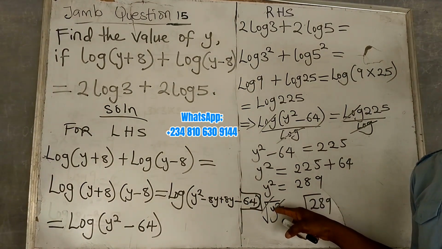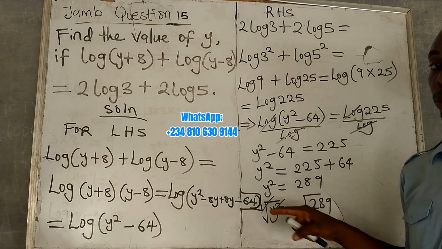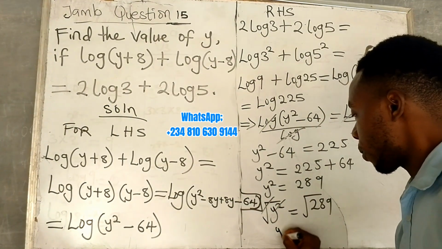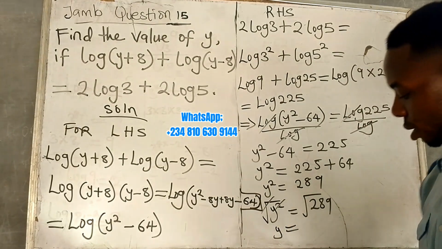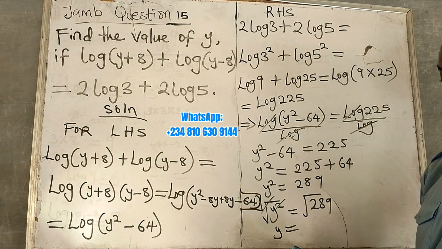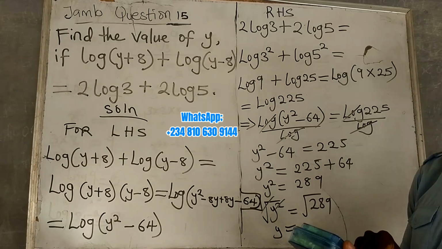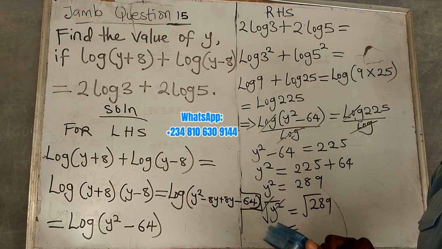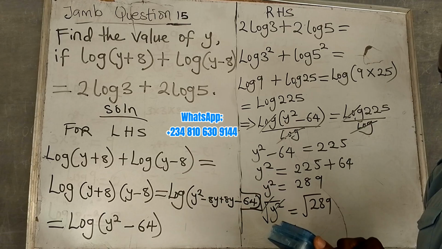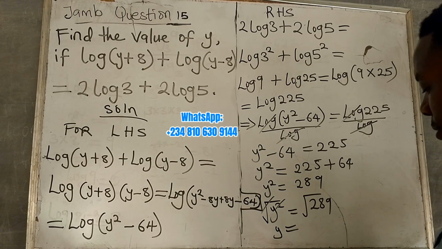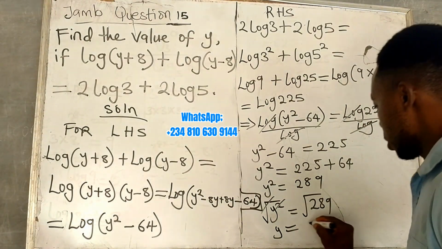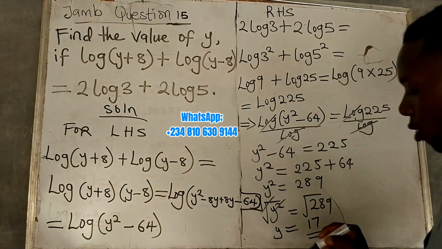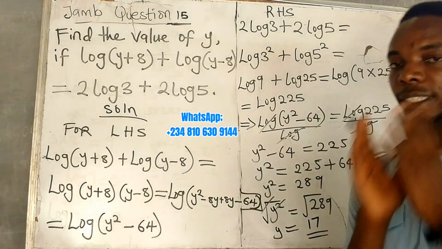This is the main purpose why we are using square root. So we have y equal to, what is the square root of 289? The square root of 289 is 17. So our answer is 17.